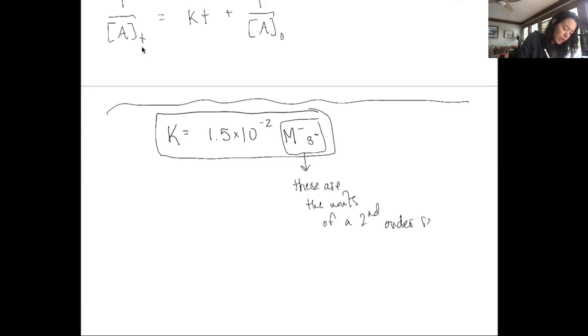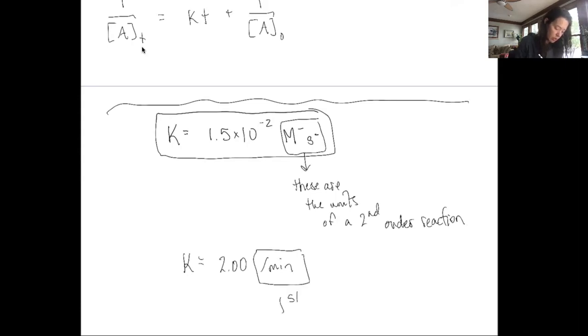So you've really got to know your units for k, because I can sometimes use the units of k to determine the order of the reaction. If it says k equals 2.00 per minute, oh, well, this is a first order reaction because that's what the units look like for a first order reaction. Okay, so you need to understand these things.